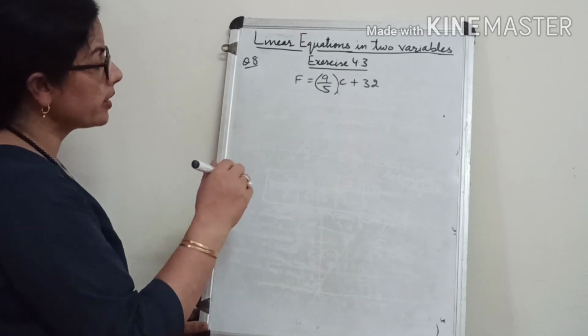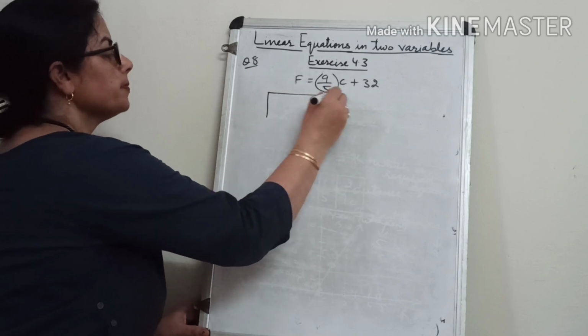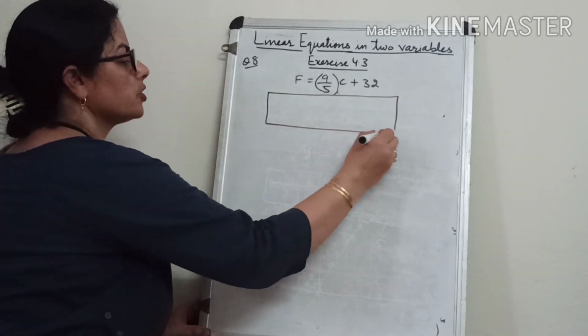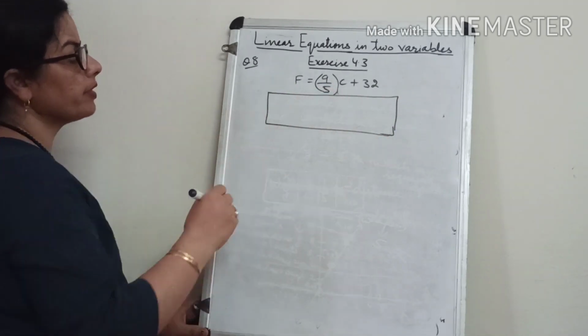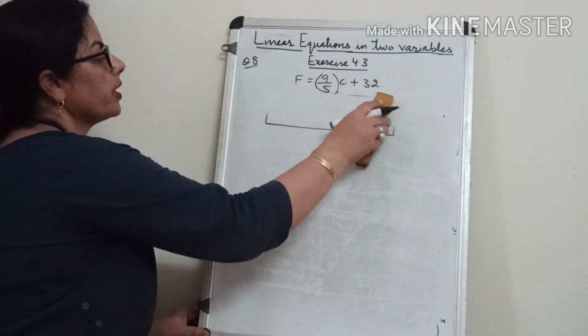So how will we make the graph? For this we have to make the table. How will we make the table? You can calculate it, put the value, or you can do it directly. It is up to you. So I am putting values.